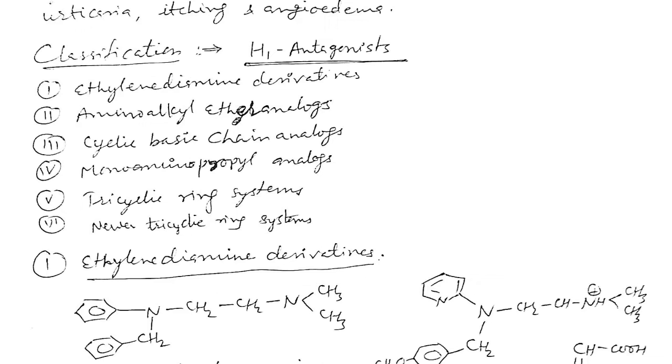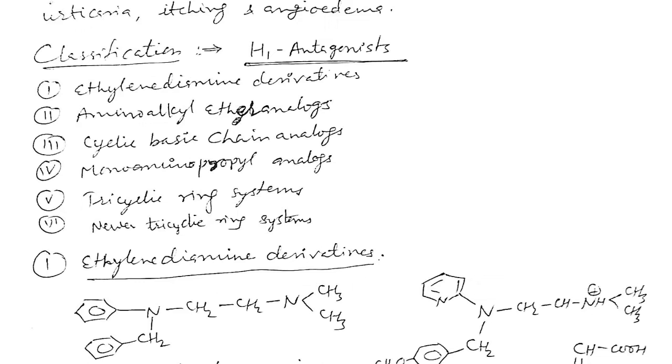Third class is cyclic basic chain analogues. Cyclic basic chain means a cyclic chain that is basic because of the presence of amino groups. Fourth category, based on the nucleus, is monoamino propyl analogues. Mono means one amino group is there, so these are derivatives of monoamino propyl groups.